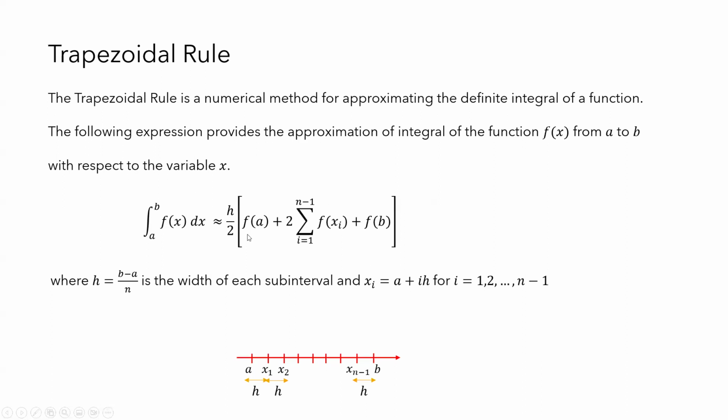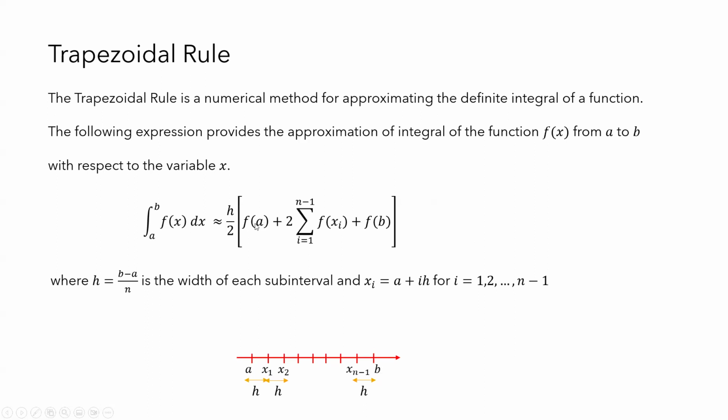The right hand side has h over 2 times f of a, where a is the starting point of the range where we integrate, and this is the endpoint b.